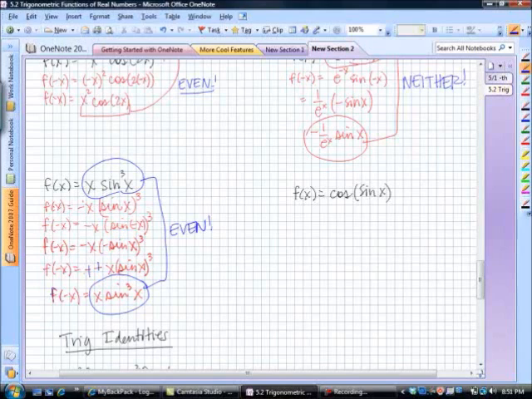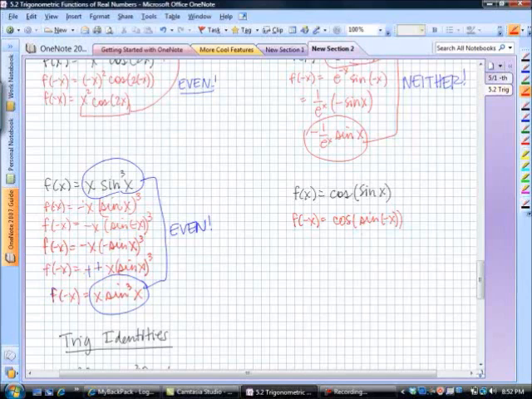And then lastly, let's do one more. Let's find the cosine of the sine of x. Do you notice that this is not cosine x sine x? This is not cosine times sine. This is cosine of the sine of x. So we're going to find f of negative x, which is the cosine of the sine of negative x.